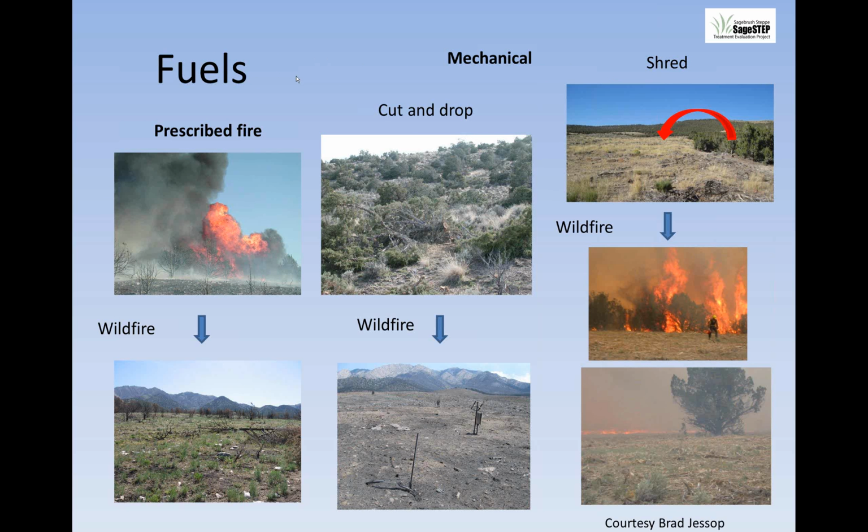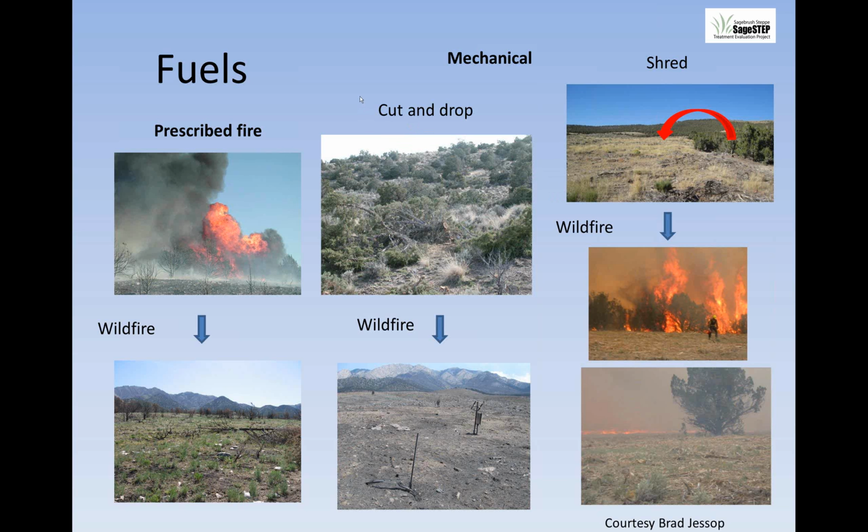After all, the implementation of these treatments is done to control fuels. So I just want to give you a perspective on that. Prescribed fire was used on the Sagestep sites, so we were able to look at that. But we also did cut and drop across most of the region, and in Utah we also did shredding as well as cut and drop on our Sagestep studies.